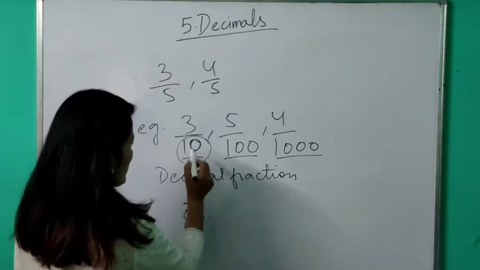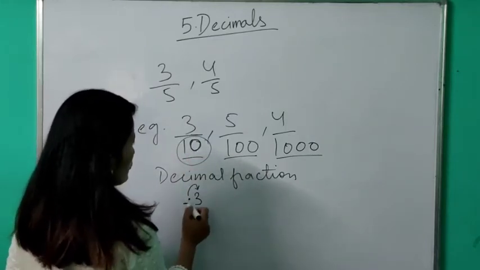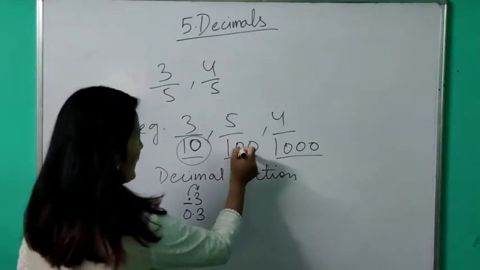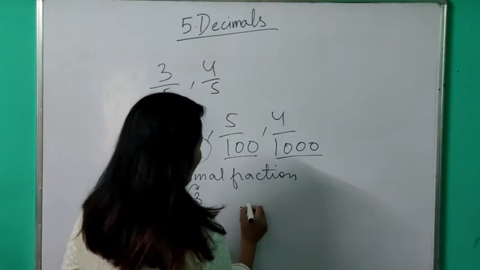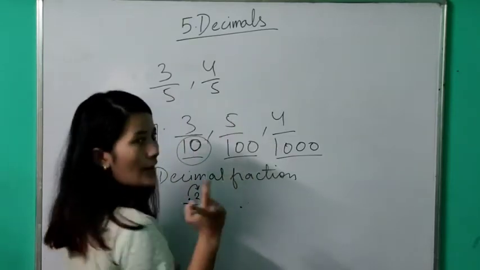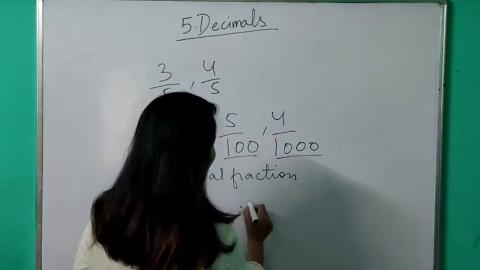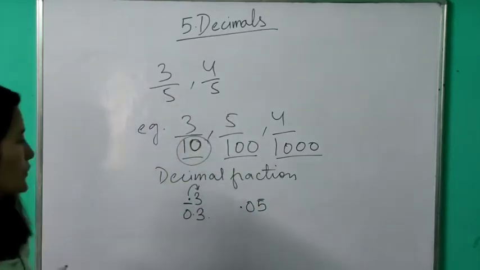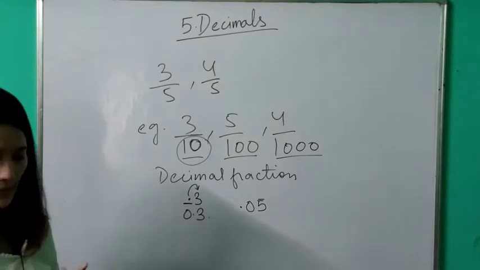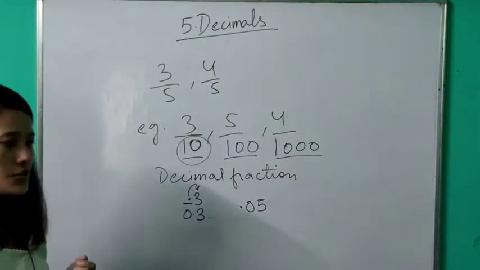Here you have just one 0, that's why 0.3. Here you have 2 zeros, so you have two decimal places. Since you have just one digit, first you insert 0 and then write the digit that's given. This is the basic of decimals, which you have already done in class 4 also.